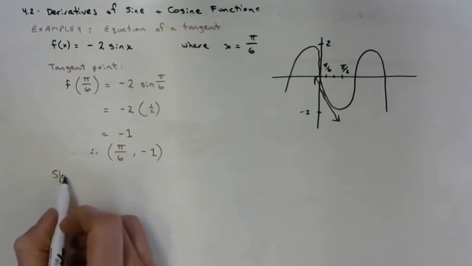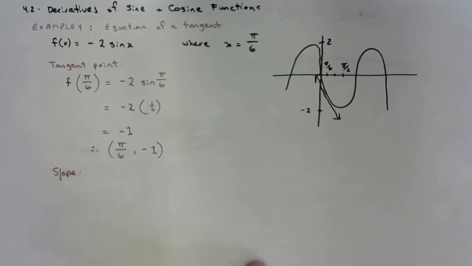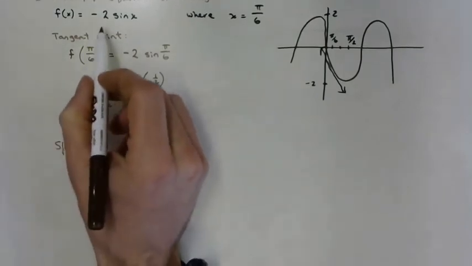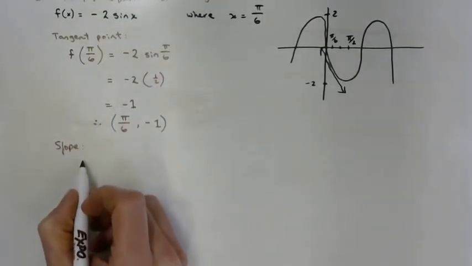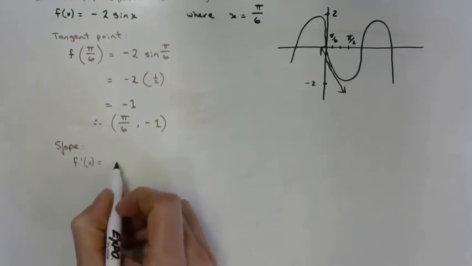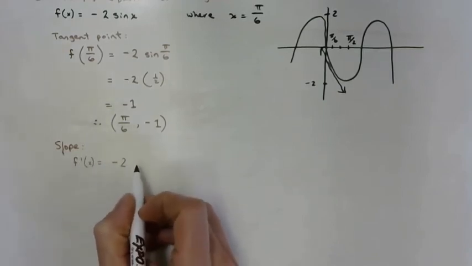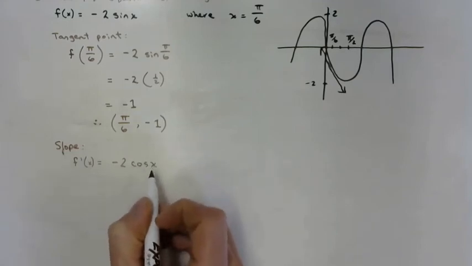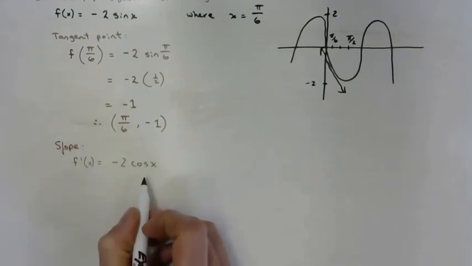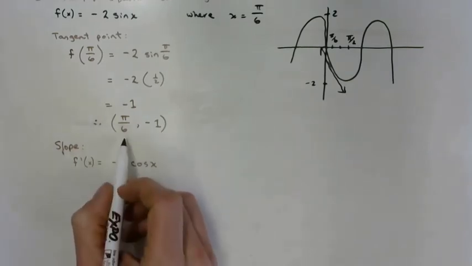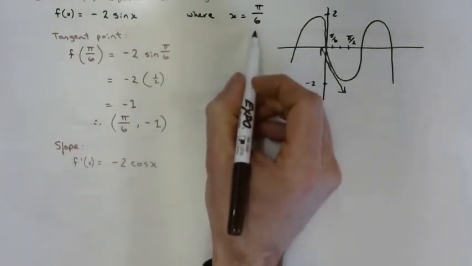Now, slope. To find the slope, we're taking the first derivative of our function. So we're going to find f prime of x, which is a constant multiple law, -2 times the cosine of x, which is the derivative of sine of x. And now we need to find the slope at our tangent point.